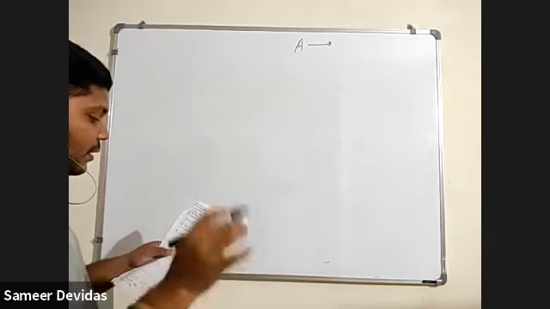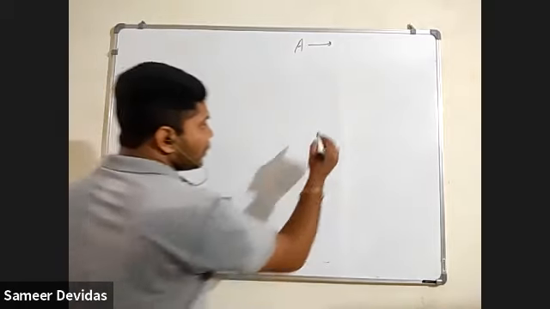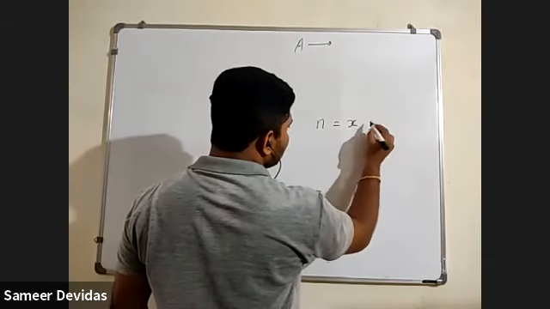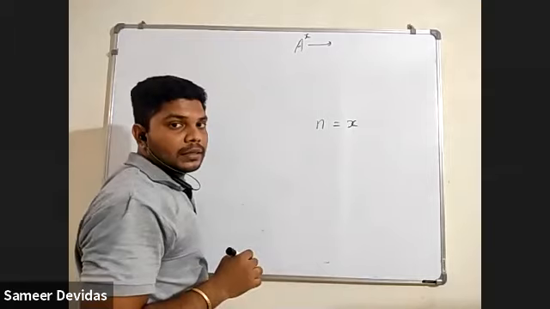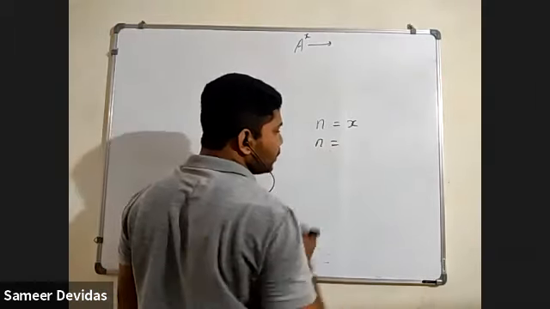Then next they have said the reaction is a second order. What is meant by order? n is equal to x plus y plus z. Now here only one reactant is there. That means it is x. Second order means which number will come here? 2.